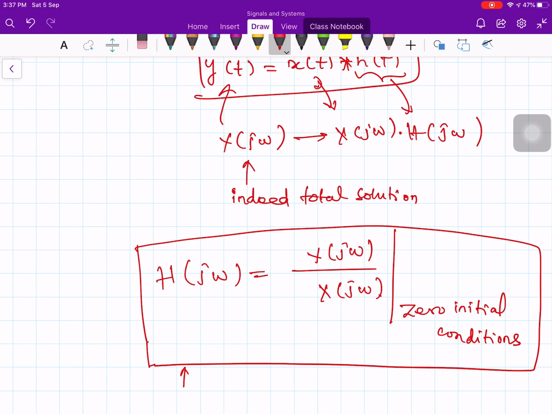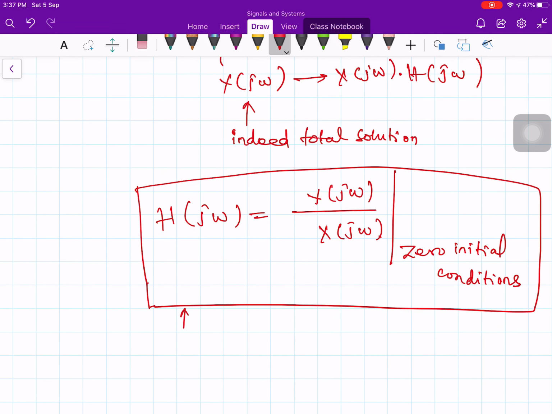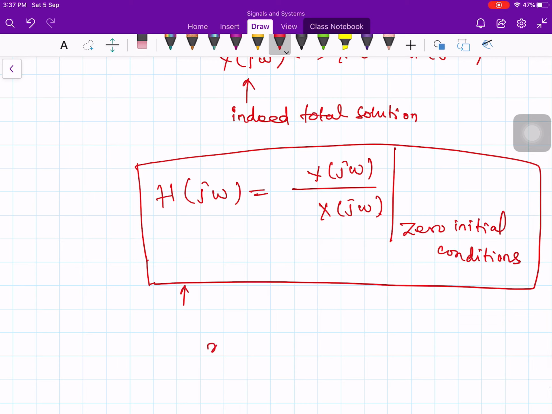All you have to do is, from the given input x of t, find its Fourier transform X of j omega, and take the ratio of Y of j omega divided by X of j omega; that will give you H of j omega.